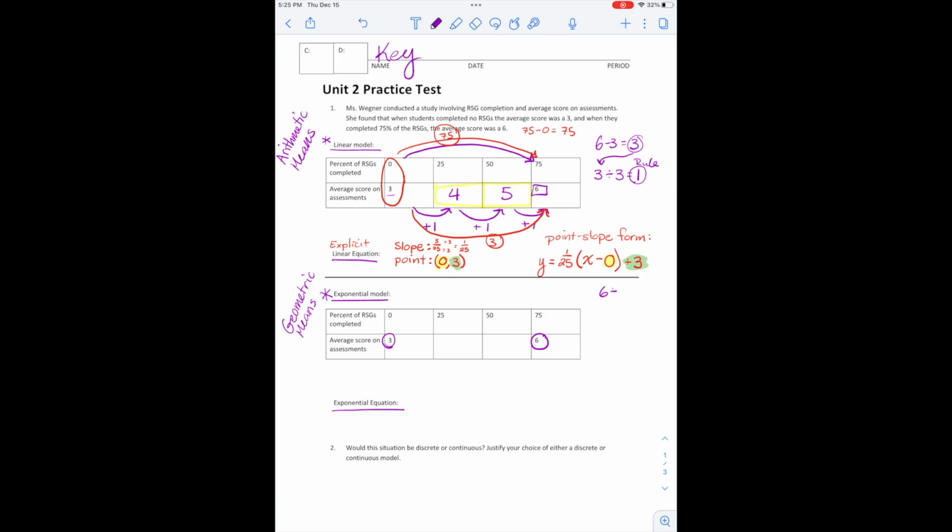So if we have 6 divided by 3, I'm going to raise that answer to the power of 1 divided by the number of jumps.